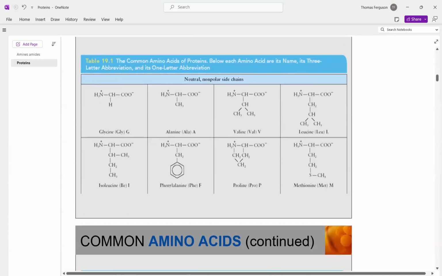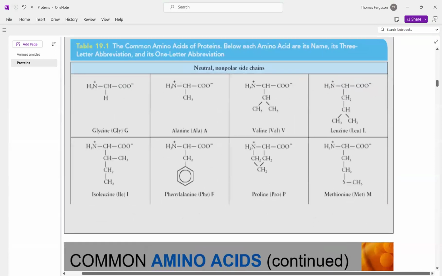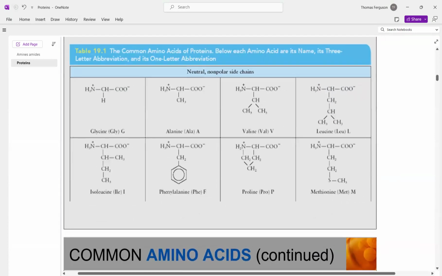Okay, so this is what the neutral, non-ionic side chains look like that are non-polar. Notice most of them are alkanes. By the way, let's look at this one here.